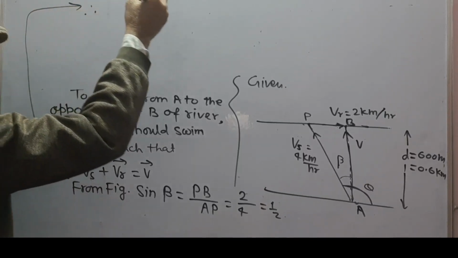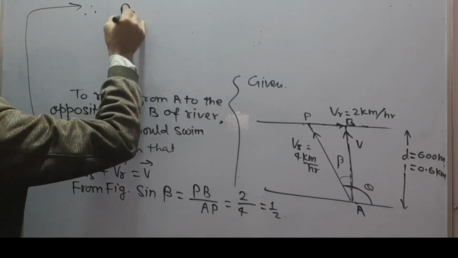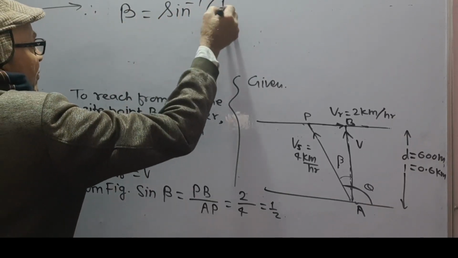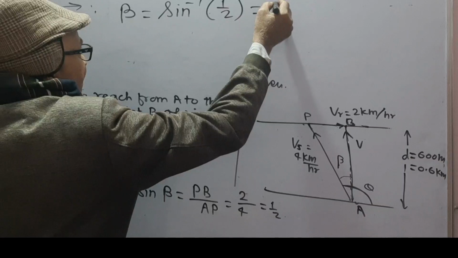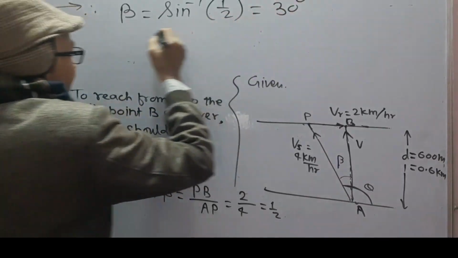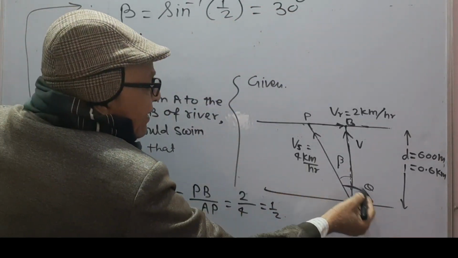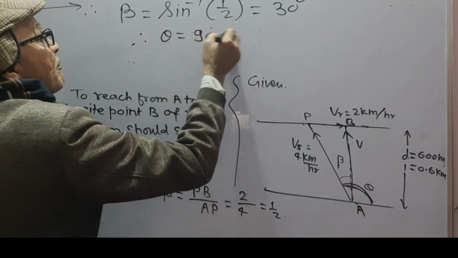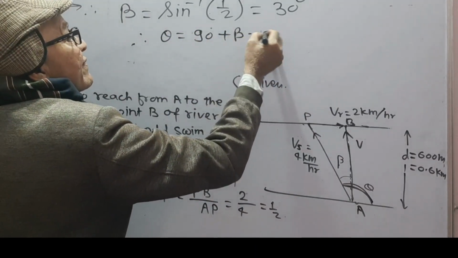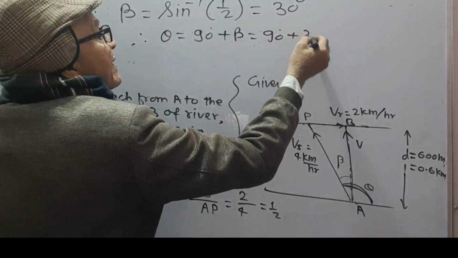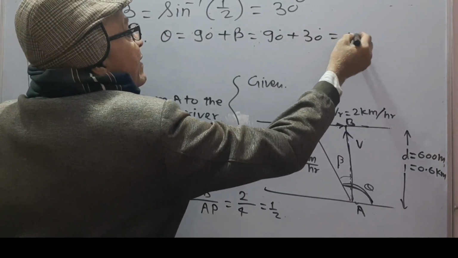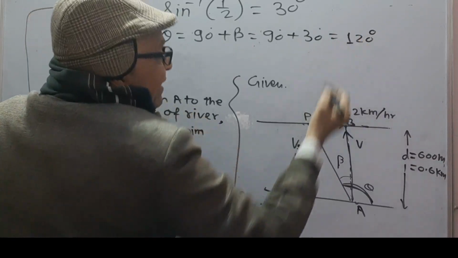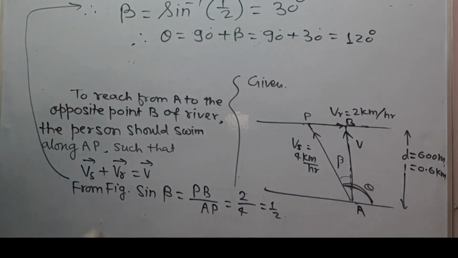Therefore, beta will be equal to sin inverse of 1 by 2, which gives 30 degree. Therefore, this angle theta will be equal to 90 plus beta, which is 90 plus 30 means 120 degree from the direction of flow of river.